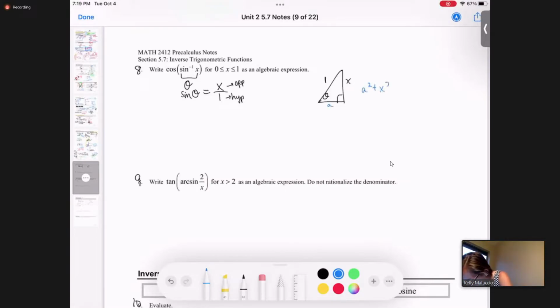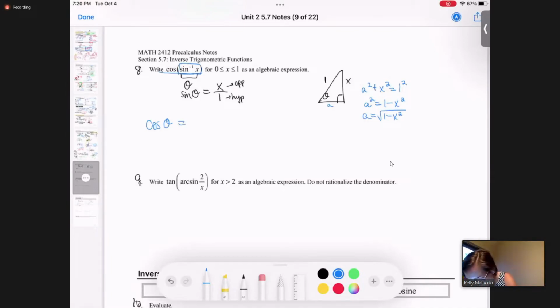If I want to solve for this miscellaneous side, we'll call it a, I'd get a squared plus x squared equals 1 squared. So a squared is 1 minus x squared, and a is the square root of 1 minus x squared. Now, this isn't going to look necessarily pretty, but that's what it is. I don't know what x is, so we leave it like this. So now I was looking for cosine of theta, which we called inverse sine of x.